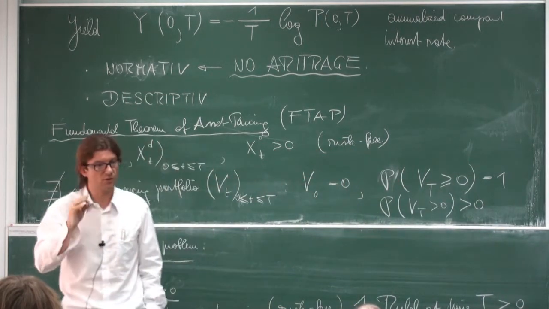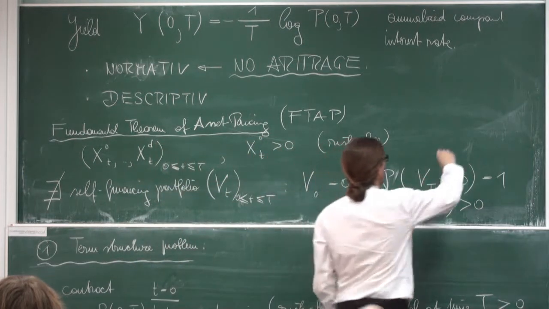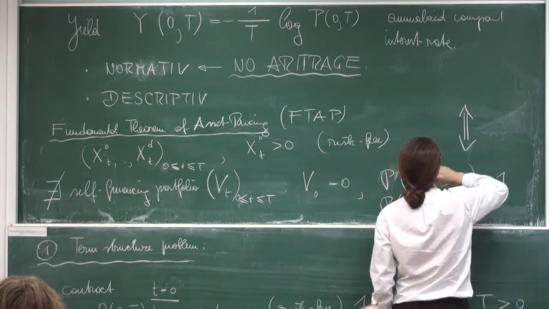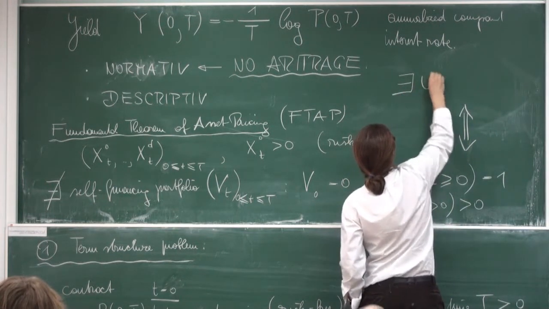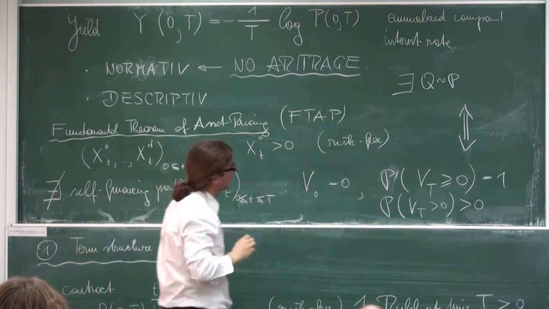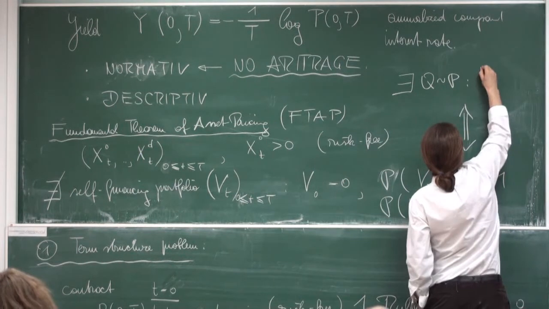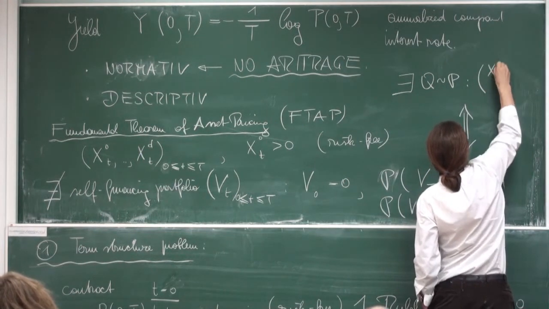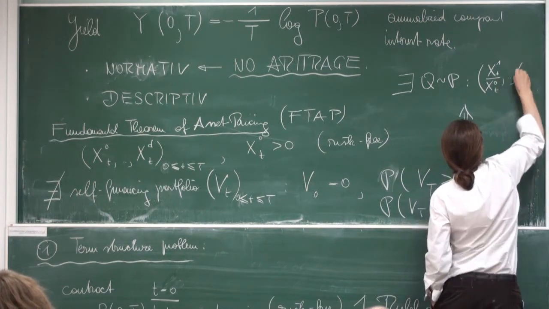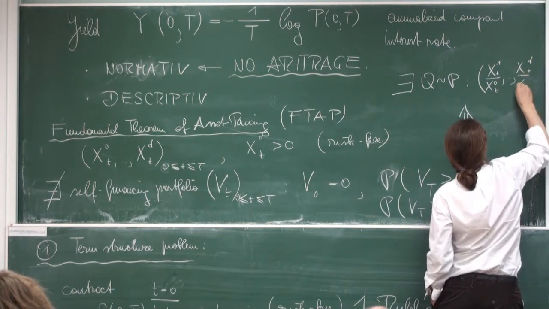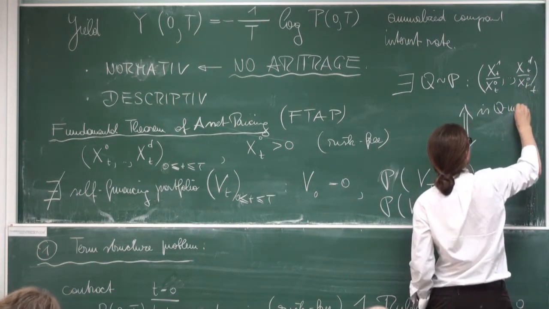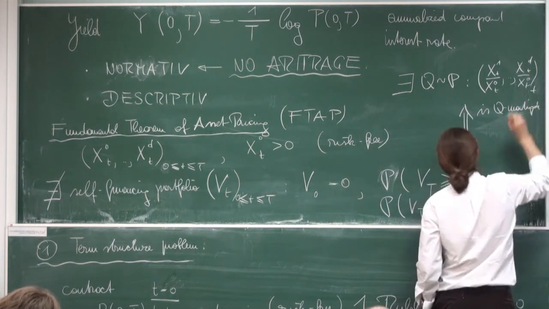This statement is equivalent, I write it now up here, but it's not fully true what I say, to the existence of a measure which is equivalent to the physical measure under which this process is modeled or given, and the process discounted by x0 is a Q martingale. So it's a funny statement.